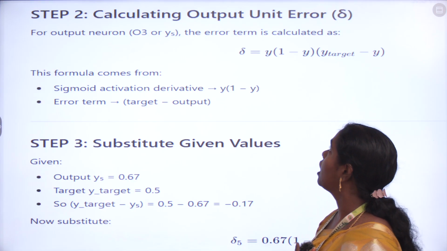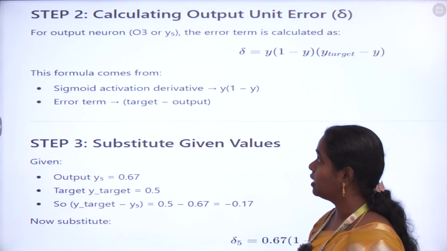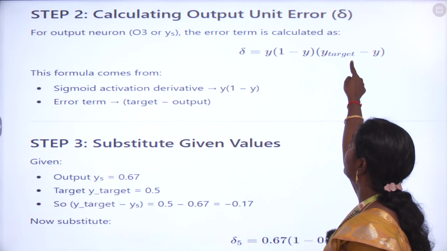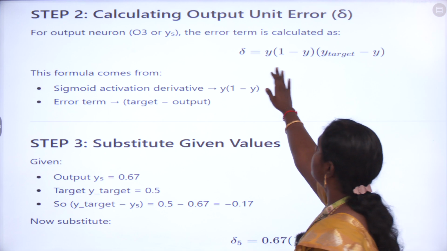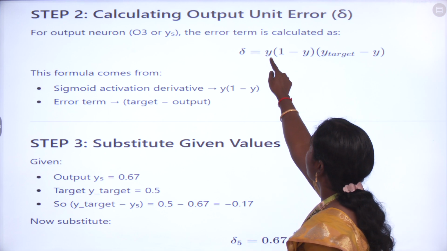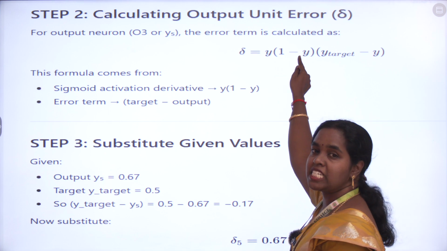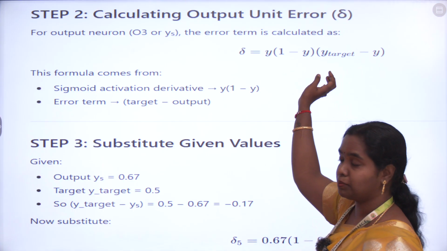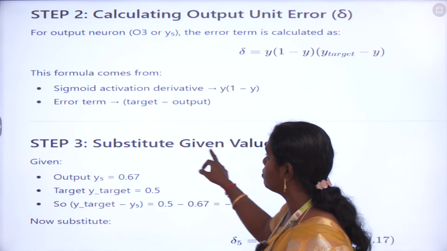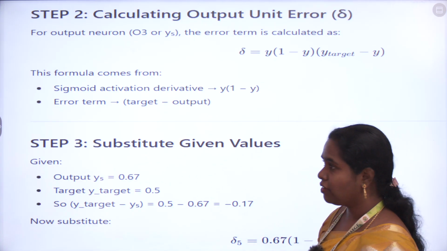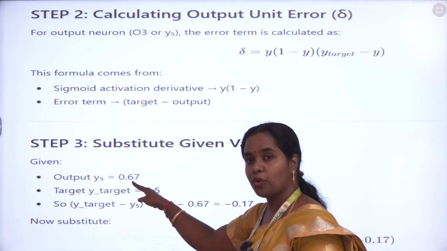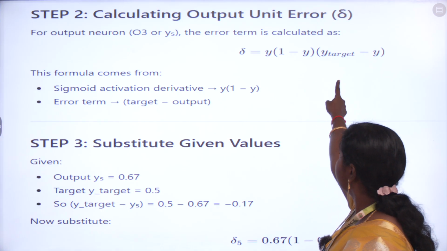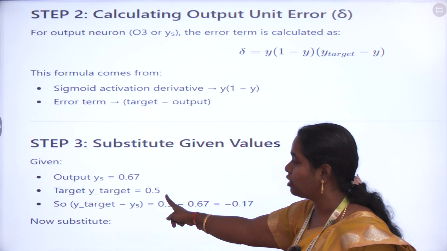Next, calculating the output unit error, that is delta. Delta is equal to y into 1 minus y, into y target minus y. Here the y(1 minus y) part is called the sigmoid term, and the other part is called the target term. First we have to substitute the given values. Y5 we already found, the output layer value 0.67, and the target value is 0.5.